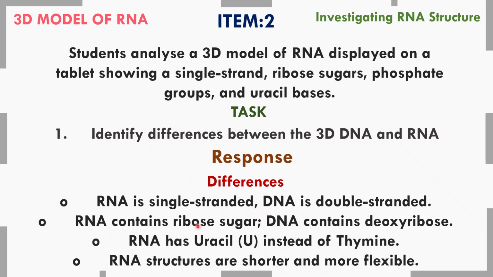RNA contains ribose sugar. DNA contains deoxyribose sugar. RNA has uracil instead of thymine. RNA structure is shorter and more flexible.